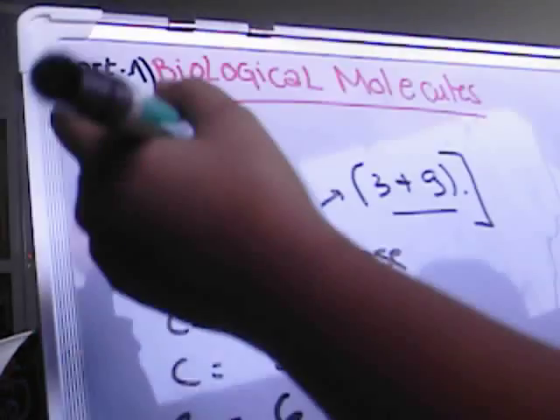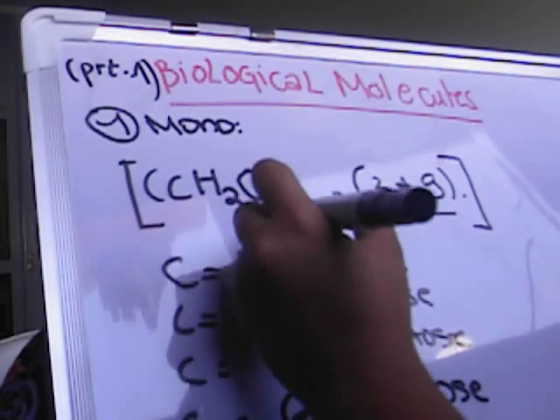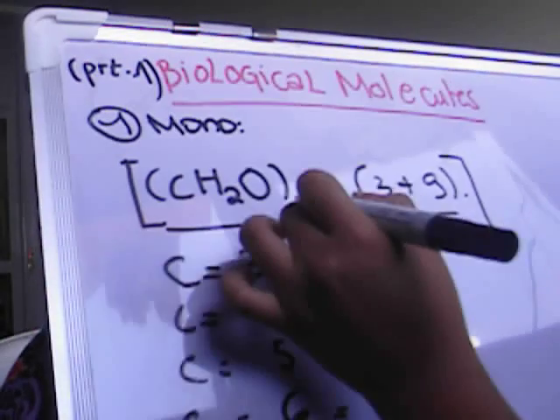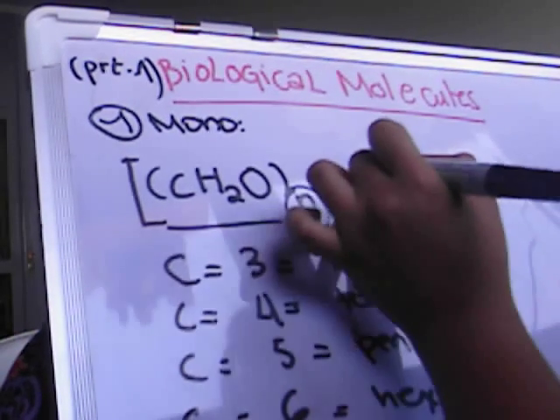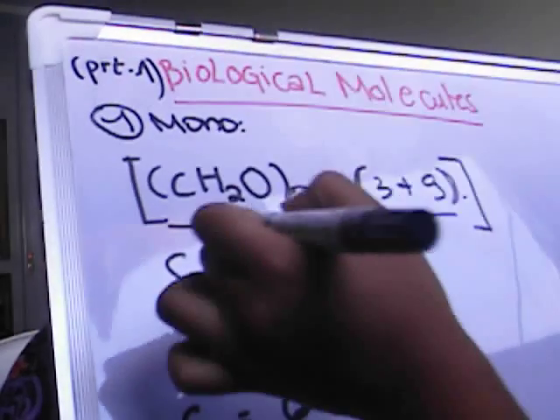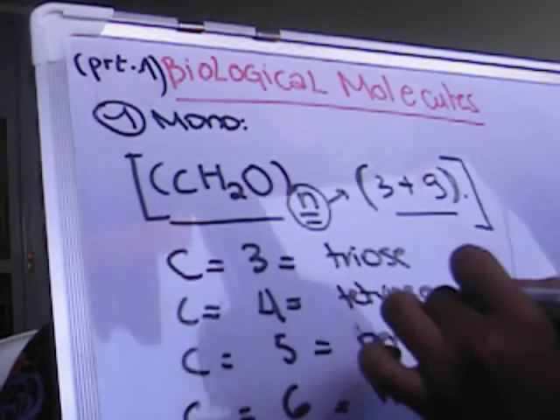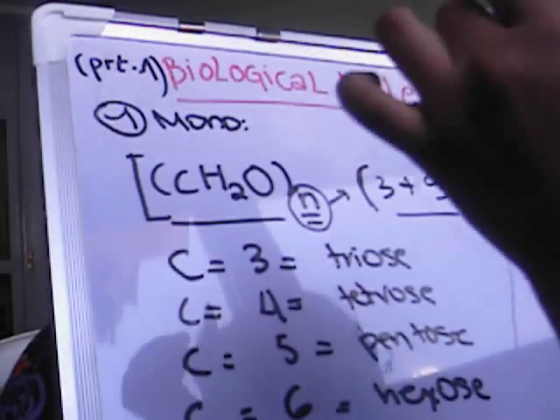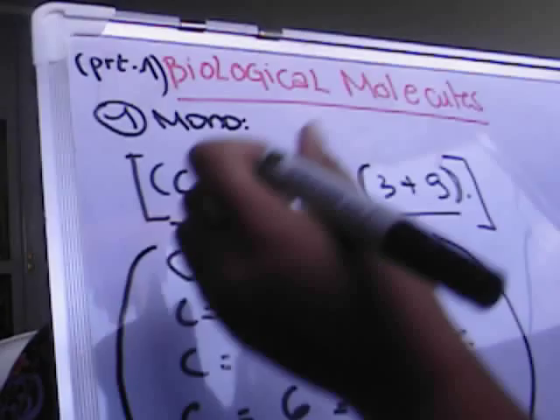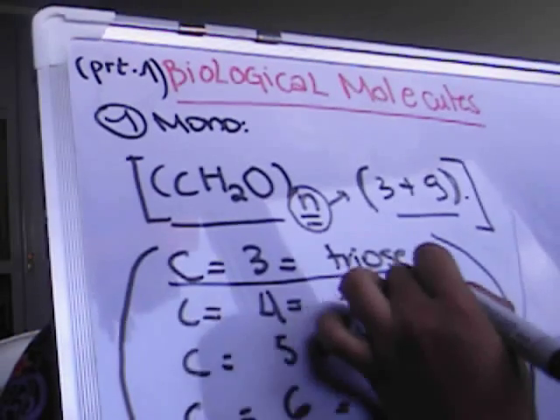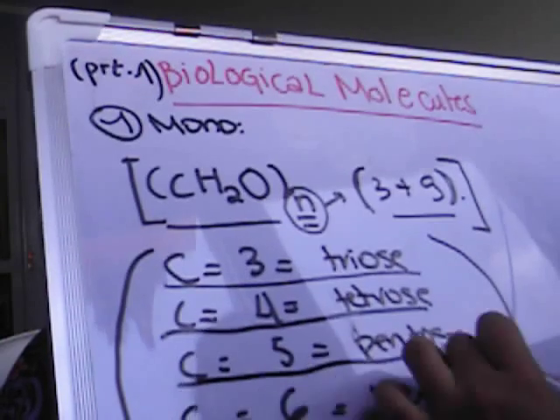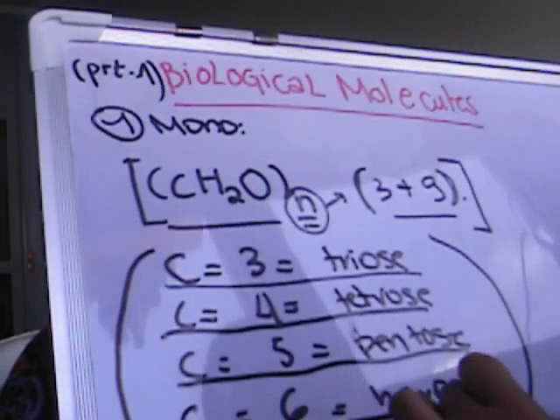Let's review this again. This is the general formula of monosaccharide, (CH2O)n, and n falls between 3 and 9. They are classified according to the number of carbon atoms, and monosaccharides fall into these 4 categories: C equals 3, triose; C equals 4, tetrose; C equals 5, pentose; and C equals 6, hexose.